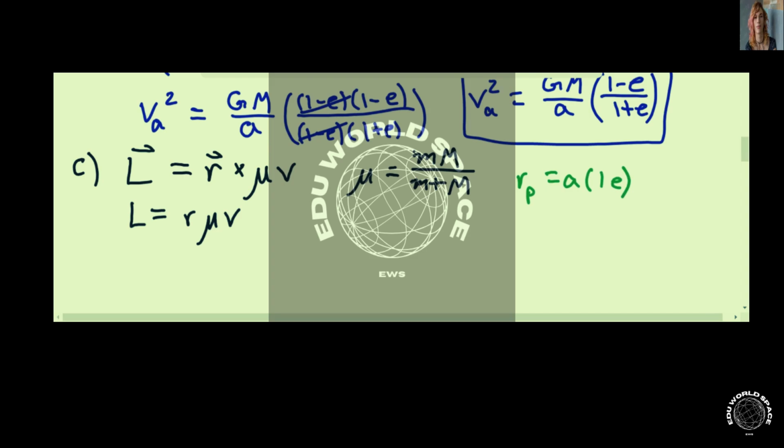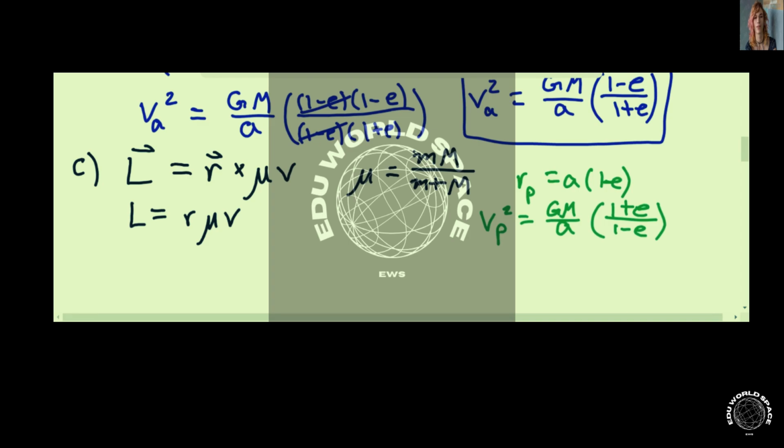And we derived in that previous problem that Vp squared equals Gm over a times 1 plus e over 1 minus e. Sorry, rp was a times 1 minus e.